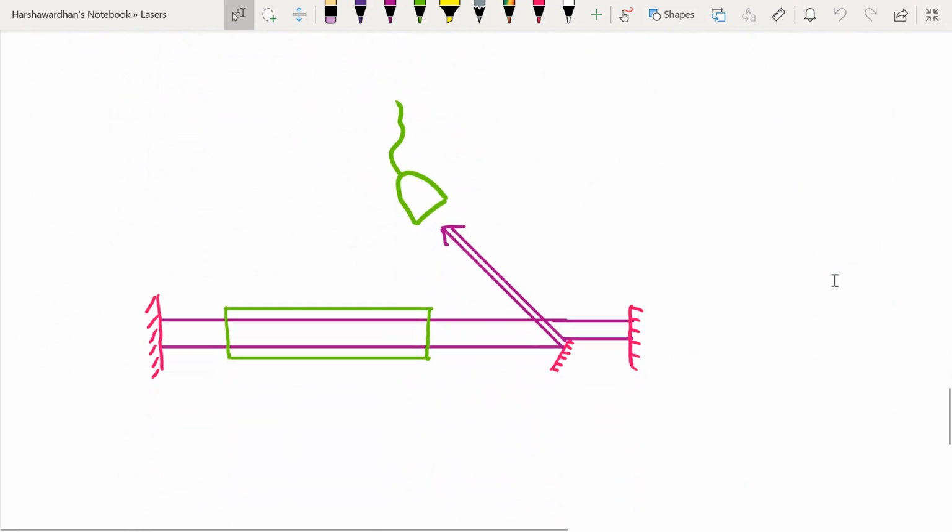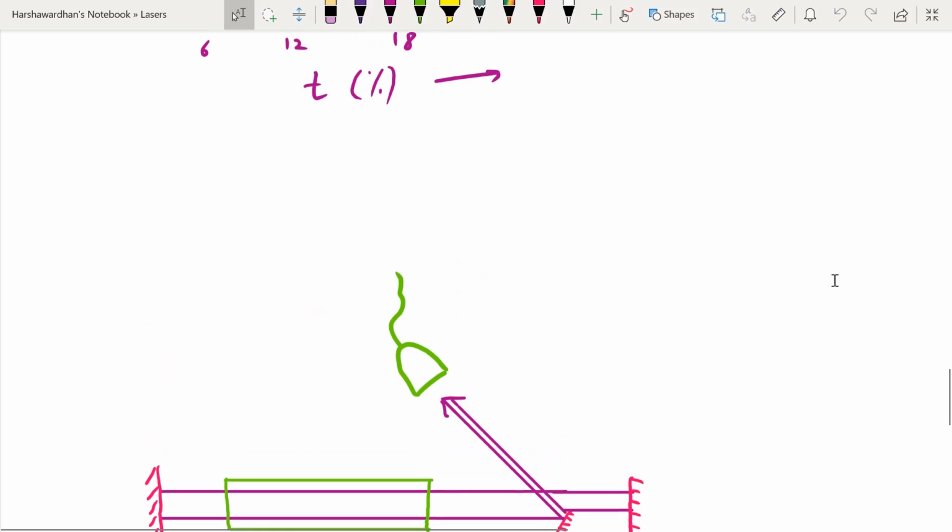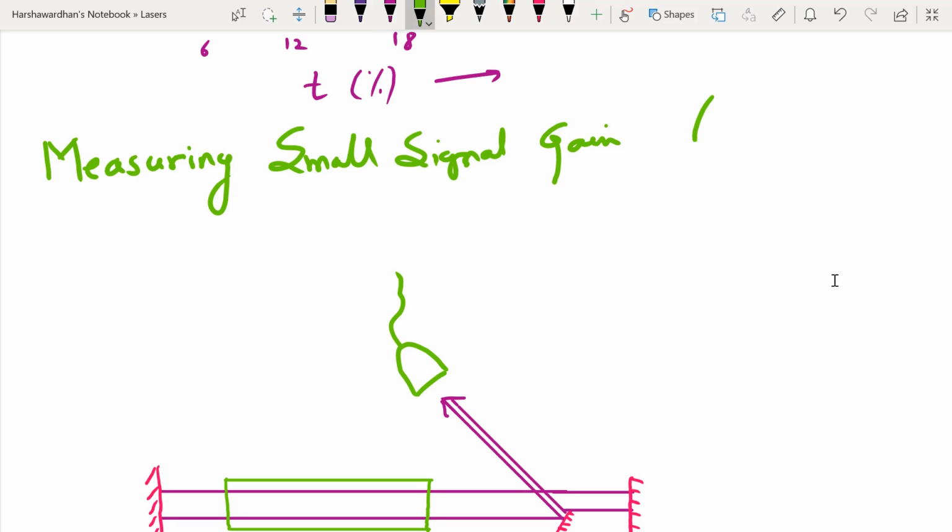All right, so this is the setup, and let me give it a title here. What we are looking at is actually measuring two things. We are going to measure the small signal gain, that is my G naught of nu. And the second thing we are going to measure is the optimal output coupling.